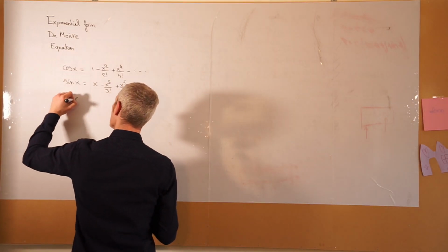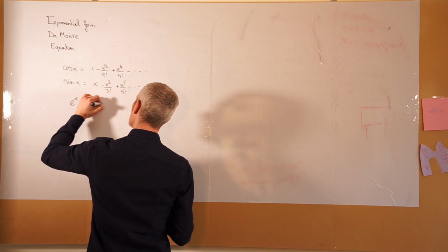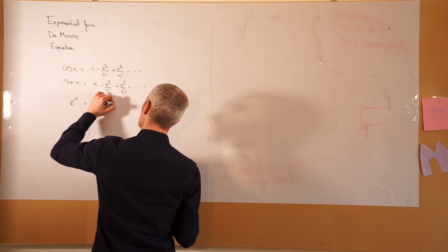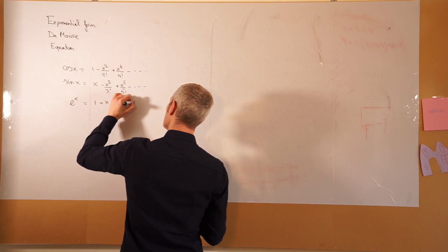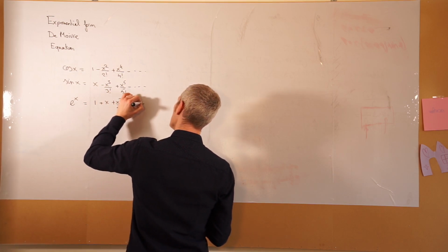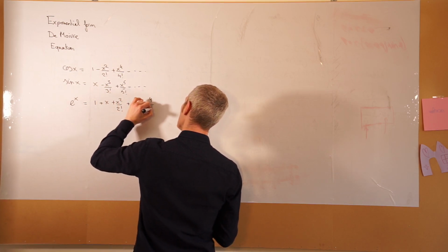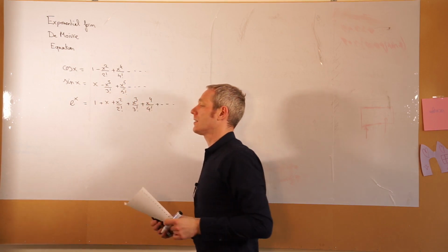And e to the power of x can be written as 1 plus x plus x squared over 2 factorial plus x to the power of 3 over 3 factorial plus x to the power of 4 over 4 factorial, etc.